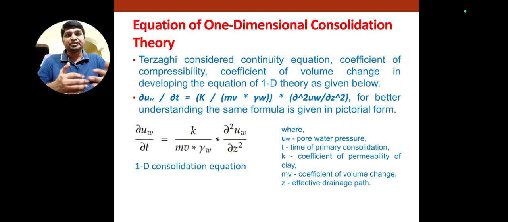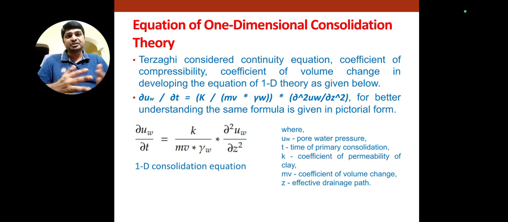Some of the equations were made by Terzaghi. First of all, he considered the continuity equation and the coefficient of compressibility and coefficient of volume change in the development of the equation of the one-dimensional theory.